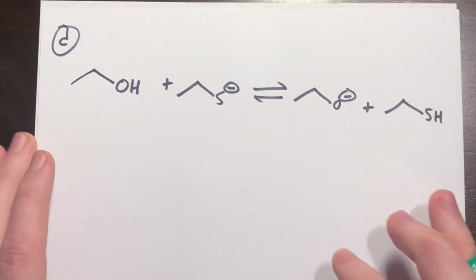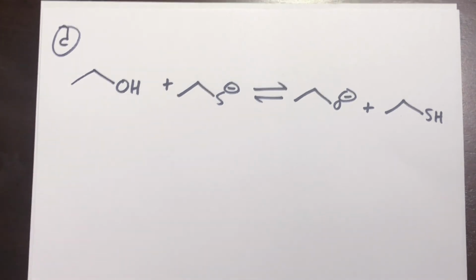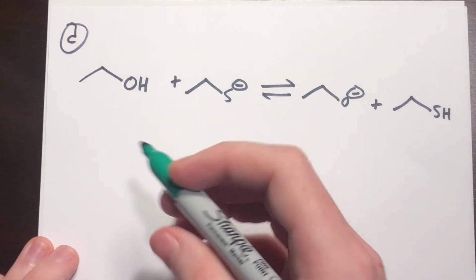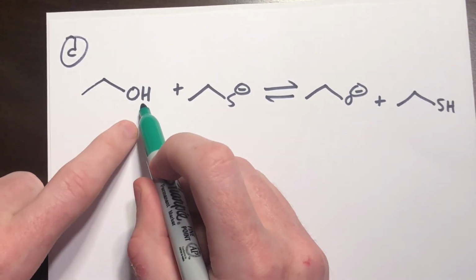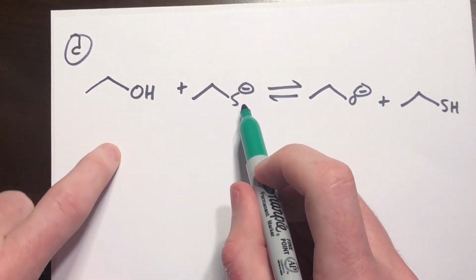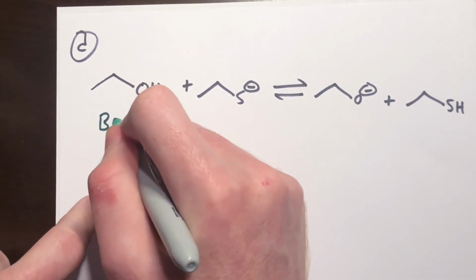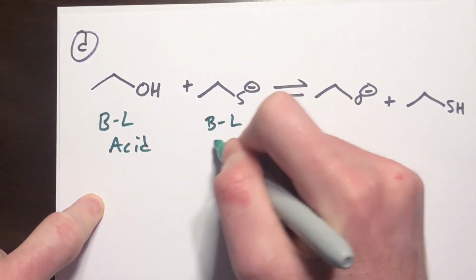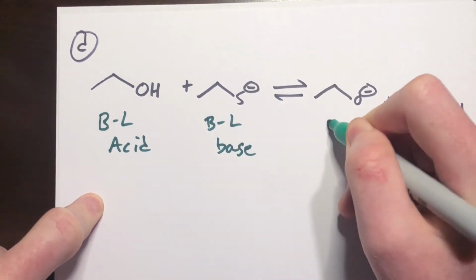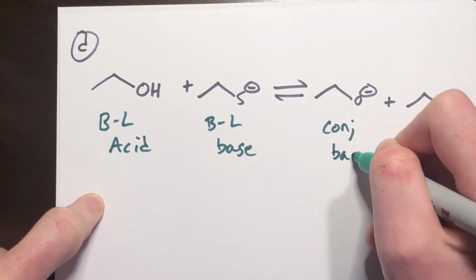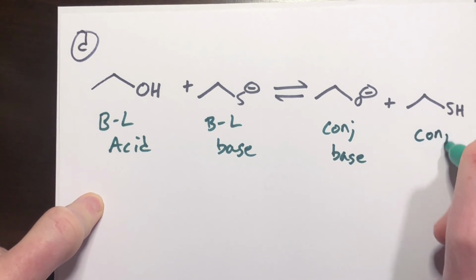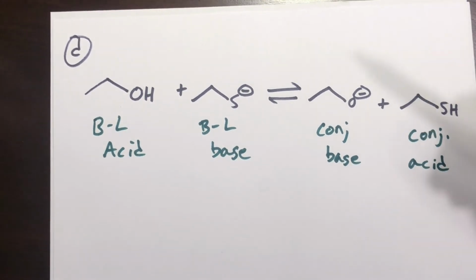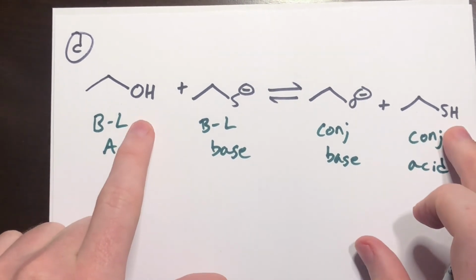Okay, so here, again, no pKa's, so we have to determine the acid and bases initially. Here we have a proton that's being donated to this molecule. So this is a Bronsted-Lowry acid. So that makes this the Bronsted-Lowry base. And therefore this is the conjugate base, and this is the conjugate acid. Now, what we have to compare is the acid strength again here.